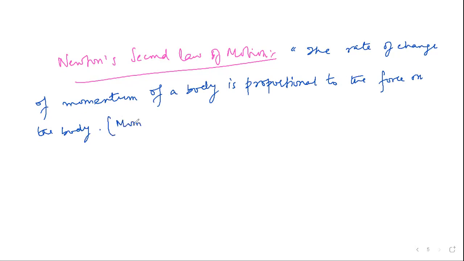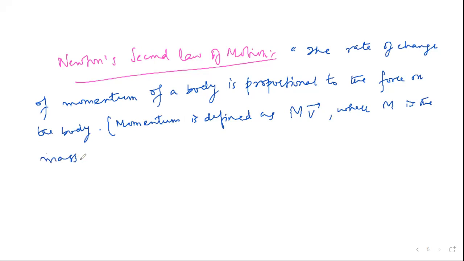Now the momentum is defined as the mv product, where m is the mass and v vector is the velocity, right?